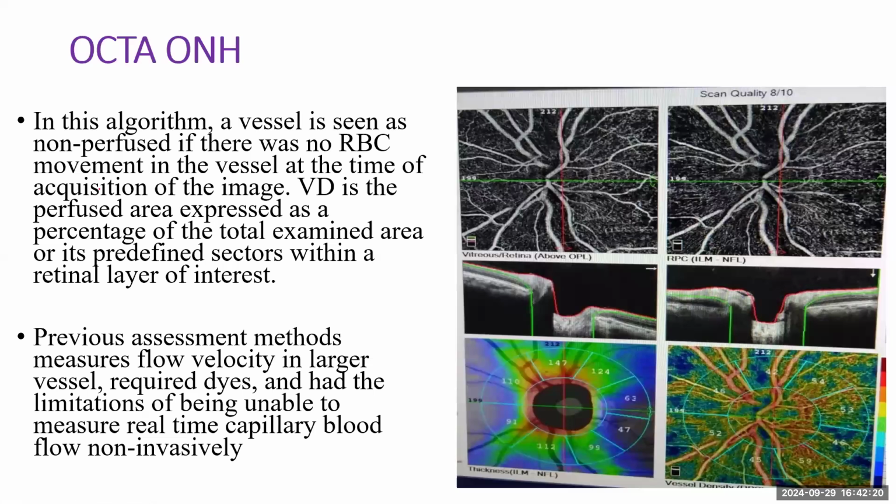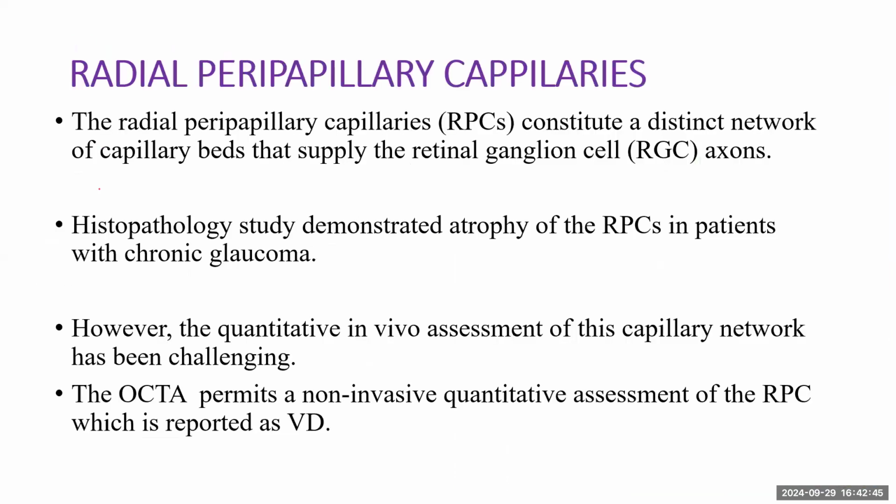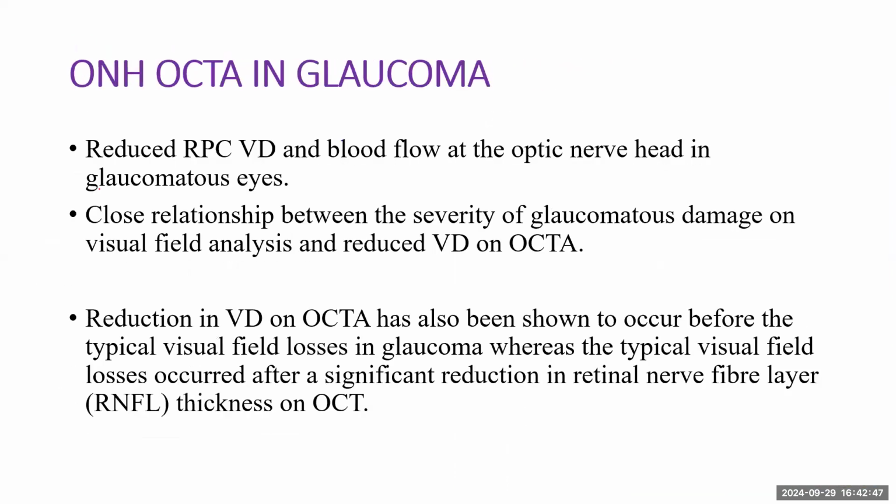So this is the way the result comes out as the vessel density. This is the count of the area of capillaries that were perfused at the time of the capture of the test. The result is in percentage, and the machine will render it to you in percentage. You see it print out, and then you have to interpret what goes on.